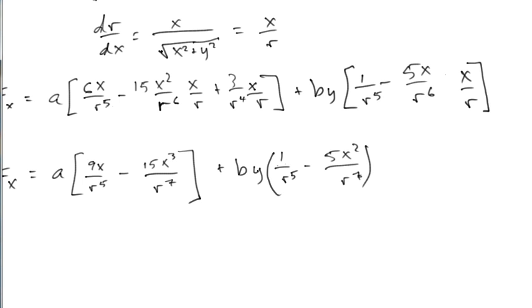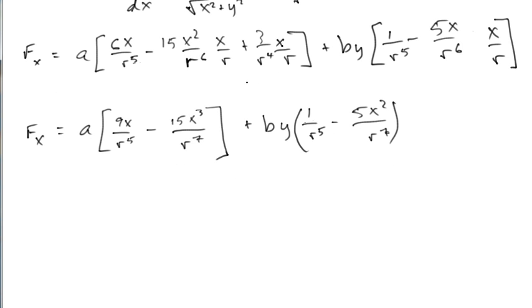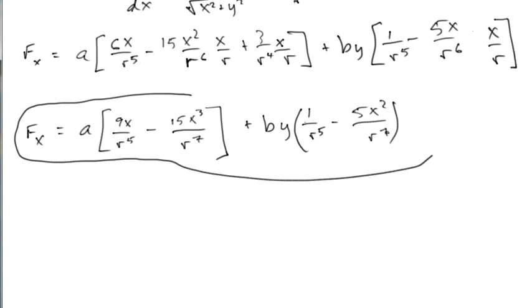And then the y out front is concerned. That makes the whole thing 1 over length to the 4th. Now, these two big ones are consistent with each other, so the dimensions are okay. I think that does it for getting fx.